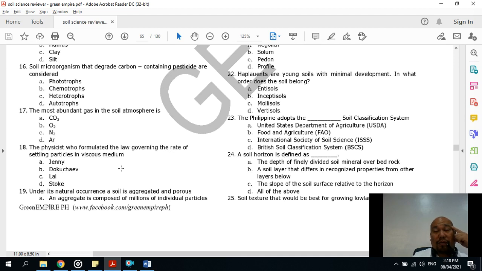Think of soil particles settling in a column of water. And then, number 19: under its natural occurrence, a soil is aggregated and porous.